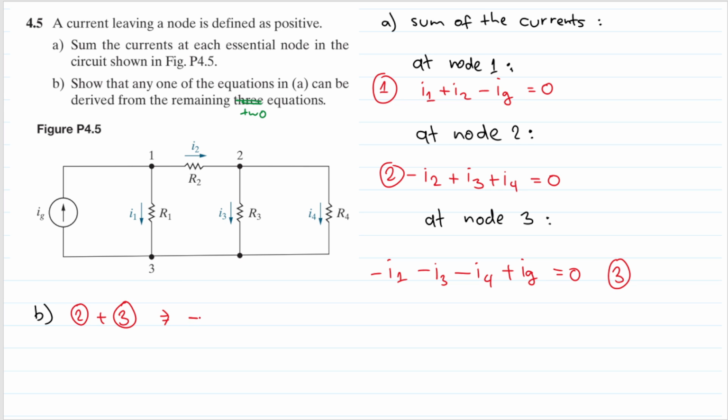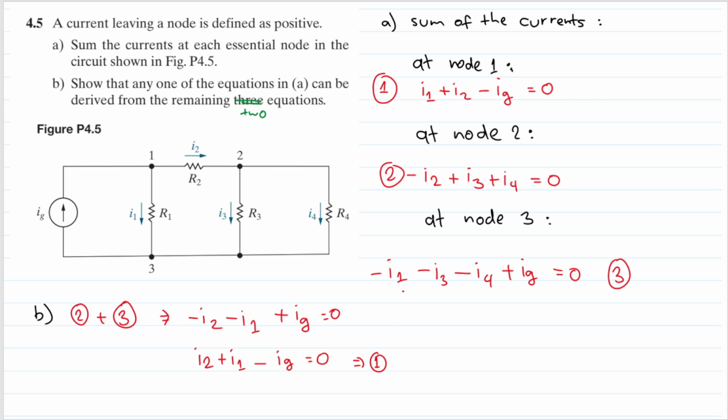And then we also still have minus I1. But then I3 and I4 here will cancel out with minus I3 and minus I4 there. But then we also have plus Ig, and that will equal 0. And we can flip the sign here, so I'll have I2 plus I1 minus Ig is equal to 0, and that is exactly the same as equation number 1.